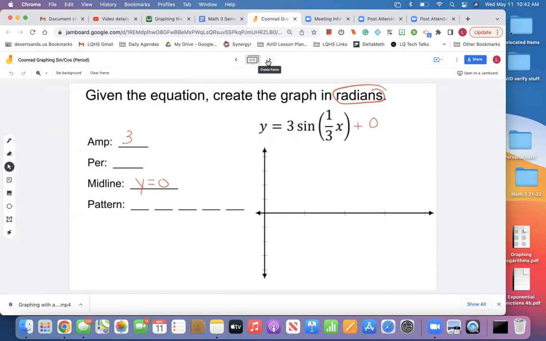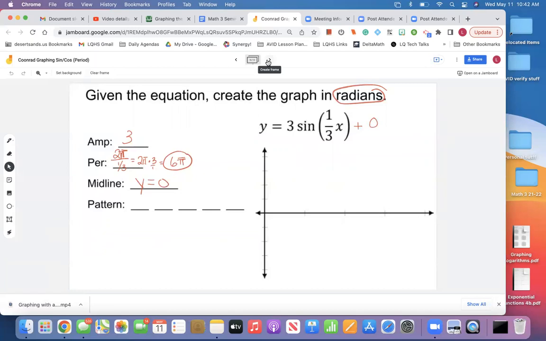The period is 2 pi divided by 1/3, which is the same as 2 pi times 3/1, which is 6 pi. Okay, you can do that on a calculator if you just wanted to take 2 pi divided by parentheses 1/3 if you feel uncomfortable with the fractions.